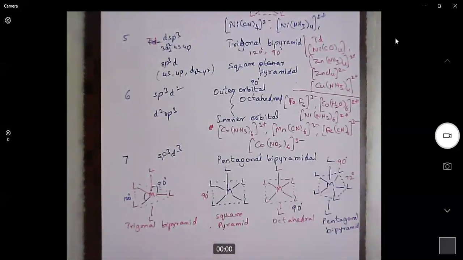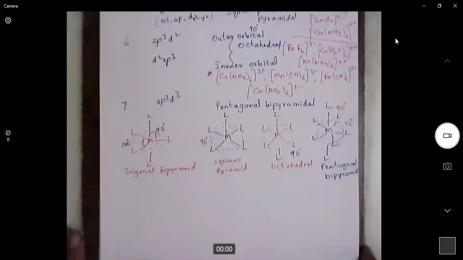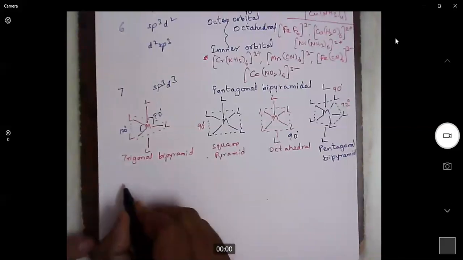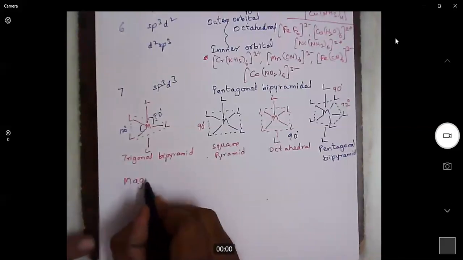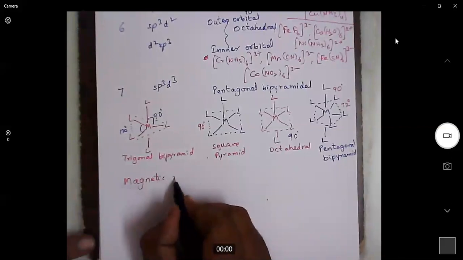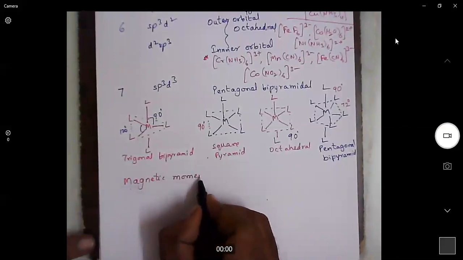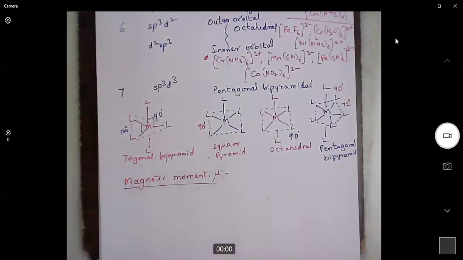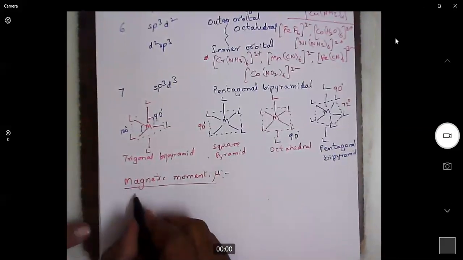Now we will look at the magnetic properties. How to explain the magnetic moment of the material? Generally magnetic moment is denoted by mu. How to calculate the magnetic moment?